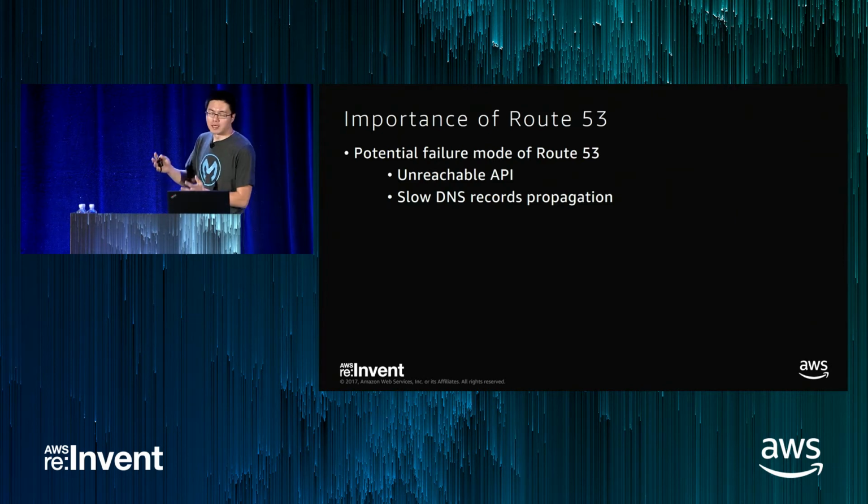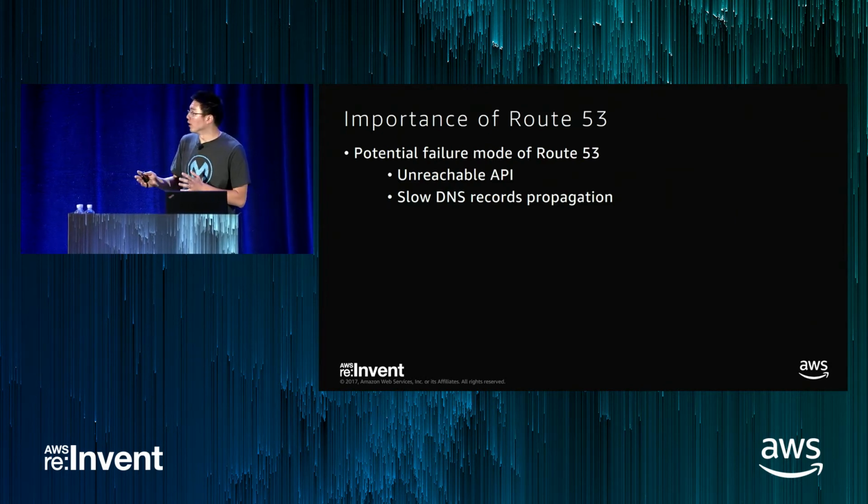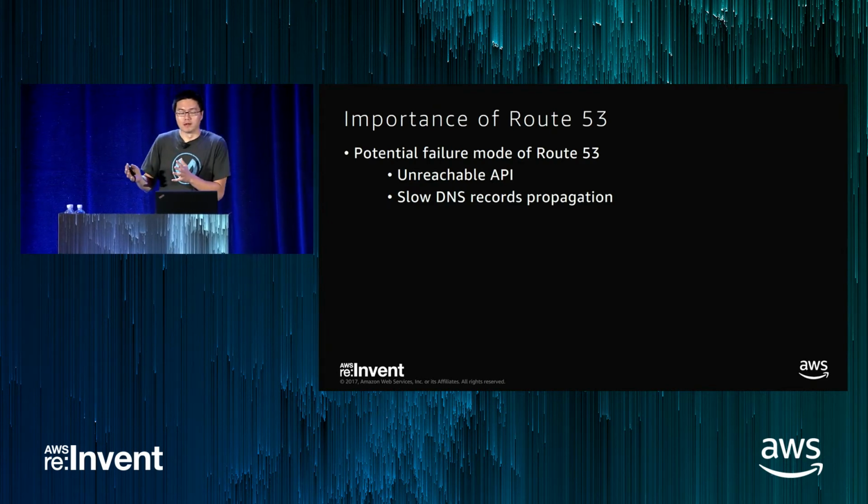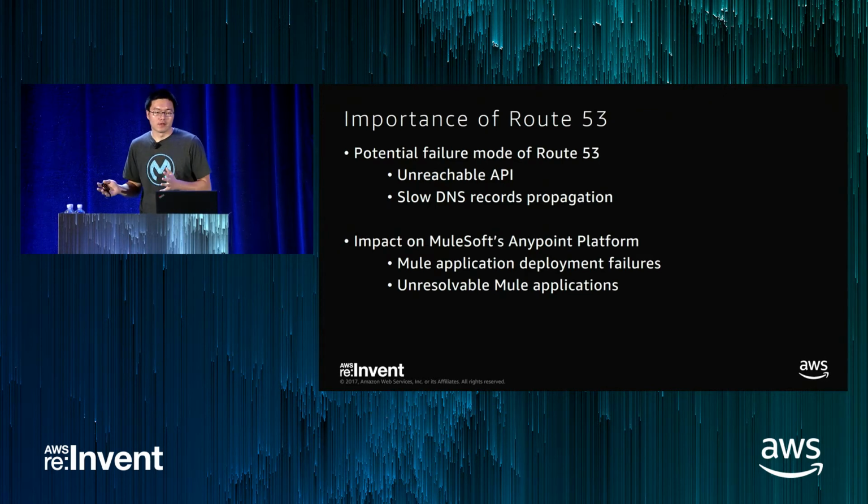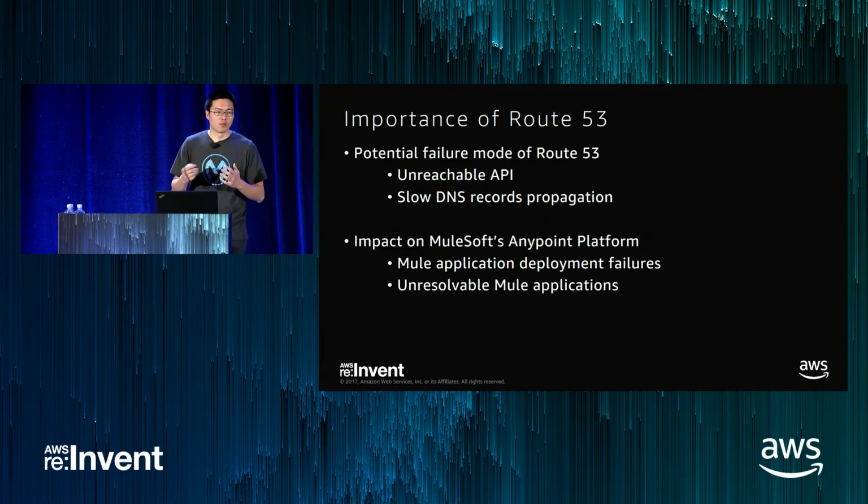First, the API could be unreachable, or the DNS record propagation could be delayed. The impact on us is that our application cannot be deployed properly, so we have to tell our customer to do it again. Or the Mule application is not resolvable, so our customer cannot use their applications in the cloud, which we don't want to happen.